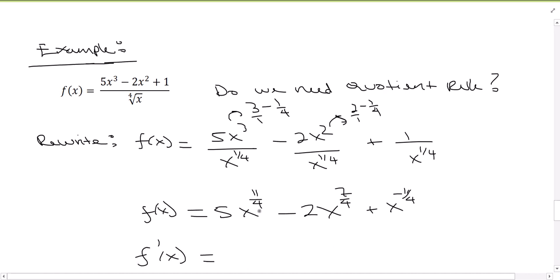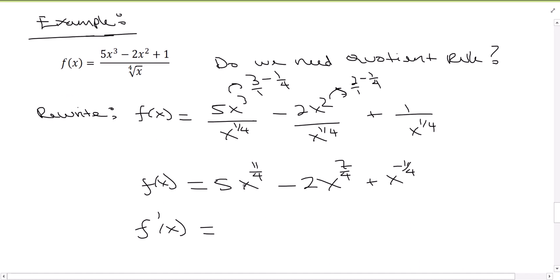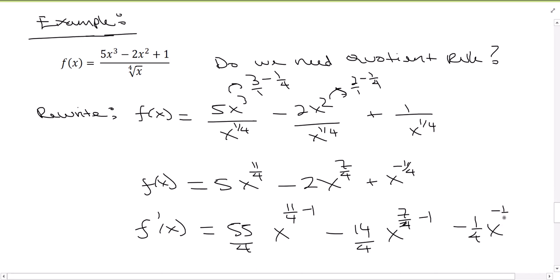So f prime of x will be, what is that? 5 times 11/4, so 55/4 times x to the 11/4 minus 1. And then bring this down, so minus 2 times 7/4. So 2 times 7 is 14, so 14/4, x to the 7/4 minus 1, and then minus 1/4, x to the negative 1/4 minus 1. And then just simplify those powers.